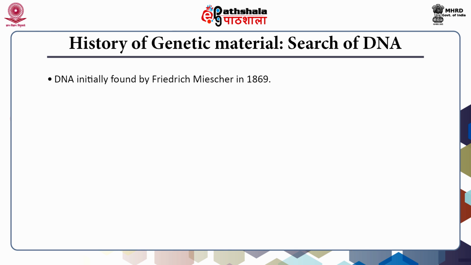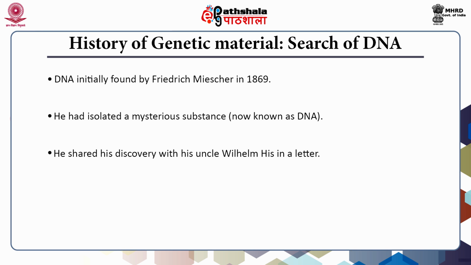On February 26, 1869, he shared the isolation of this mysterious substance, now known as DNA, with his uncle Wilhelm His, who was a renowned physician and professor of anatomy and physiology at the University of Basel. He had discovered neuroblasts and coined the term dendrite.